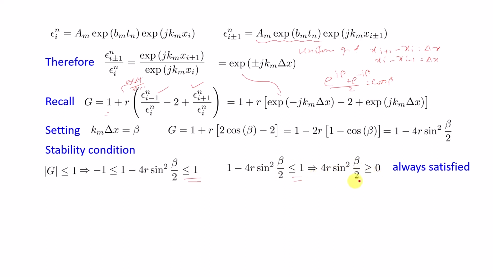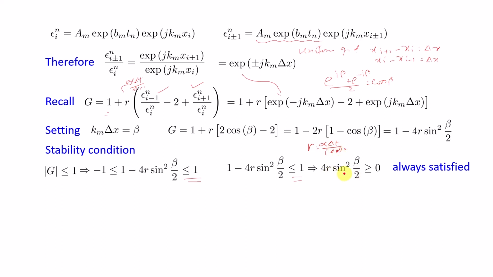So this term should be greater than 0, or at best equal to 0, because this term is sine square. So sine square should be within 0 and 1, and r is alpha delta t by delta x square, so it would be a positive number.